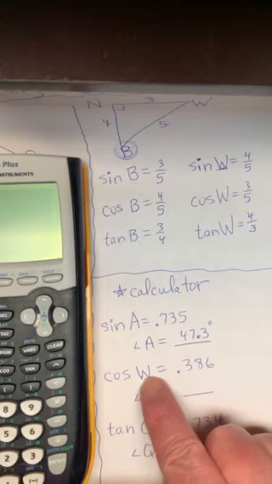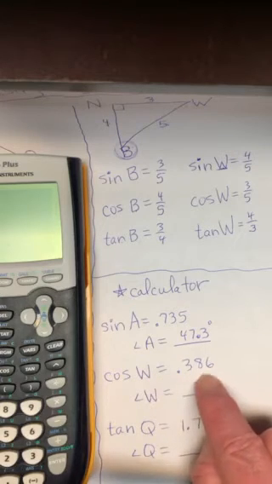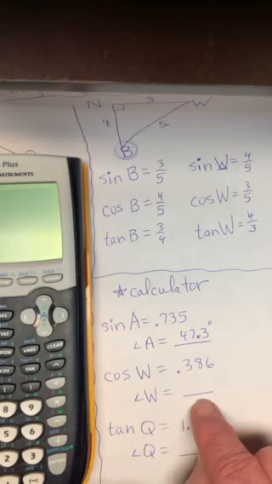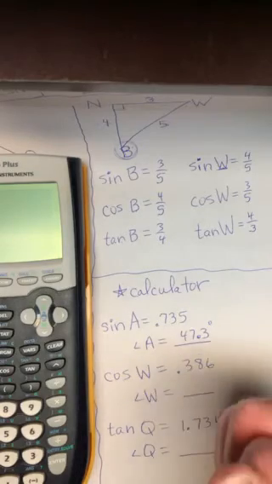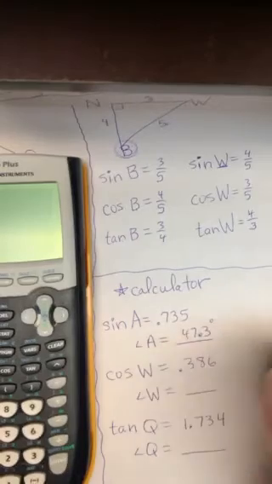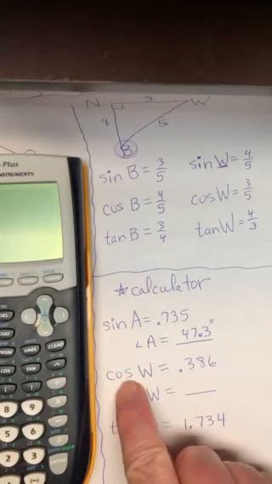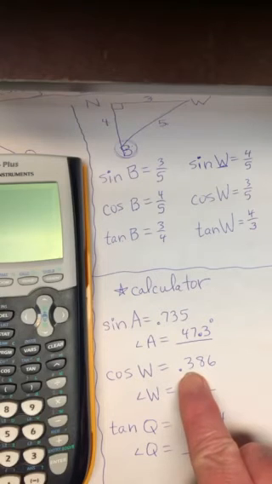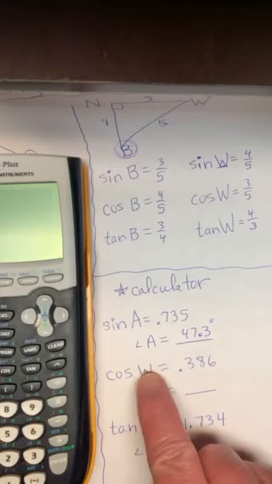So let's try another one. The cosine of W is 0.386, so angle W is blank. I'll say it again. If you're looking for a missing angle, you gotta hit the second function button. So don't hit cosine and then 0.386. Okay, we don't know how big the angle is, do we?